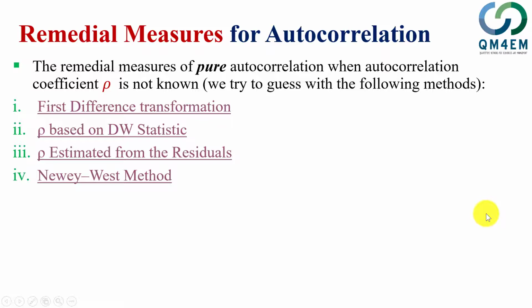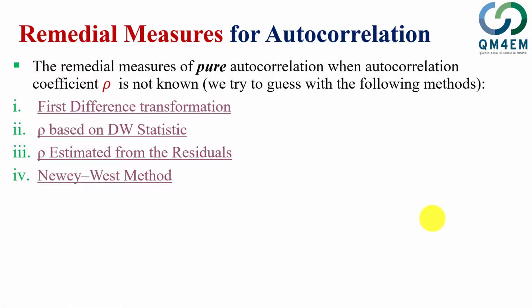Then we saw the Durbin-Watson d-statistic based transformation, in which we use the d-statistic for approximating the value of rho and then using the transformation to ensure BLUE OLS estimators. Then we talked about using the residual of the original model, regressing it on the lag value of the error term, obtaining the value of rho and then using it in the transformation of the model.